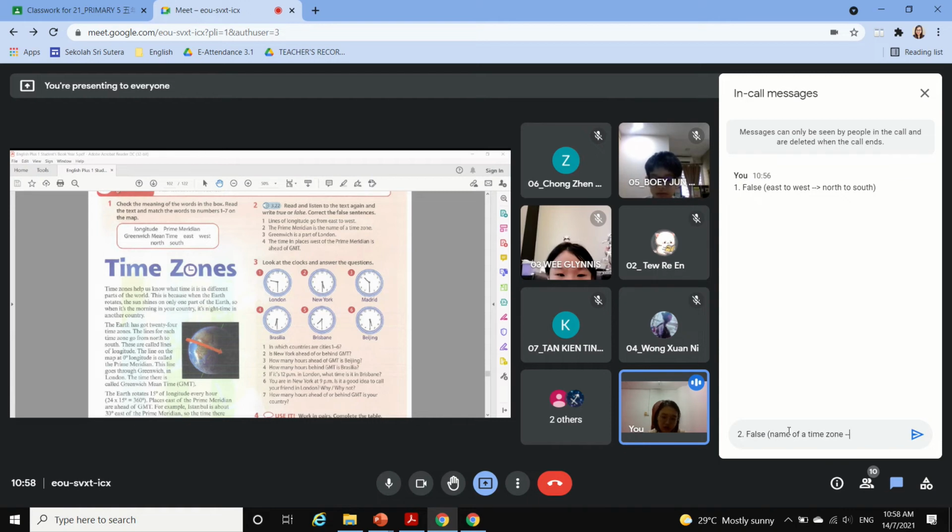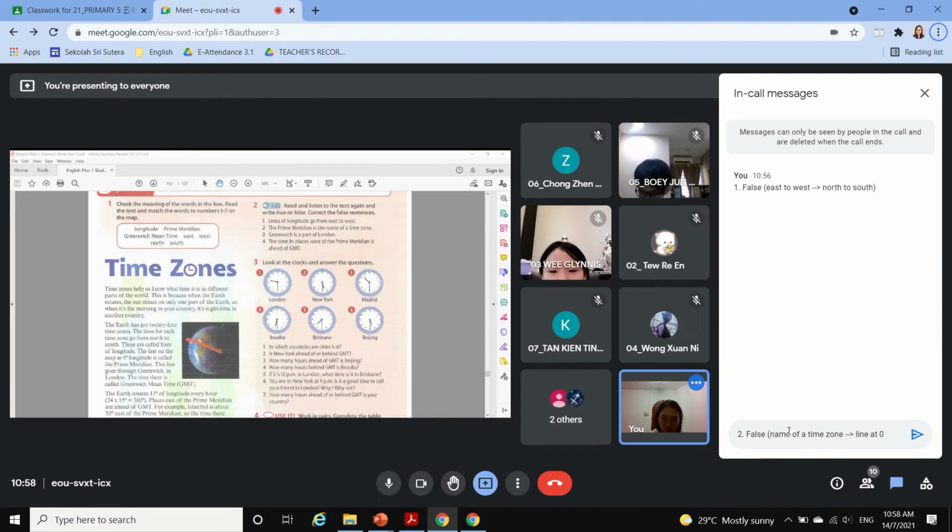Okay, so you have to change it to lie at 0 degree longitude. Okay, degree. I cannot write the degree symbol, so you write a degree.